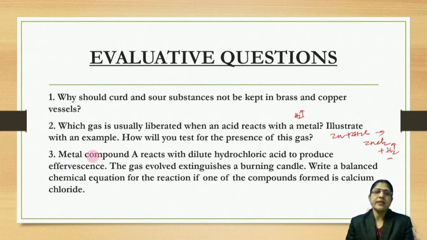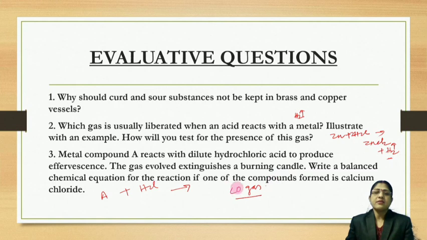Then question number 3: Metal compound A reacts with dilute HCl to produce effervescence. That means a gas is evolved. The gas evolved extinguishes a burning candle.